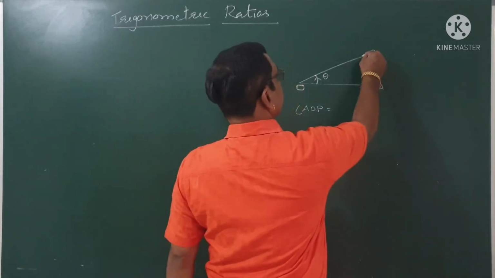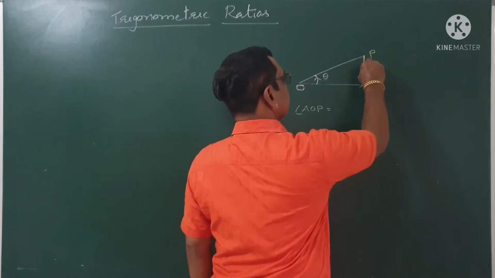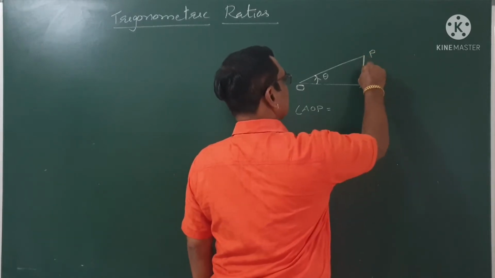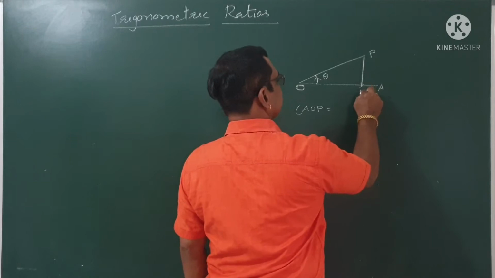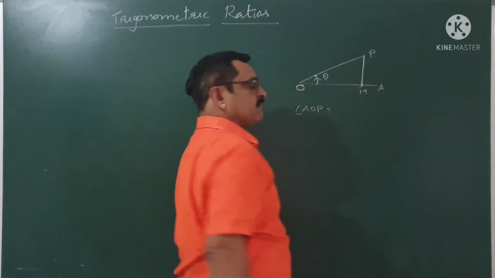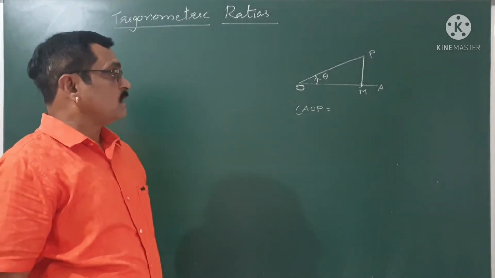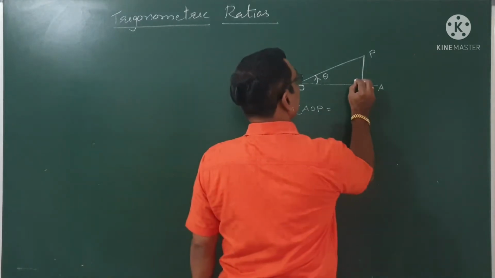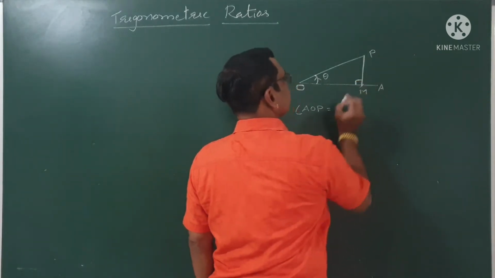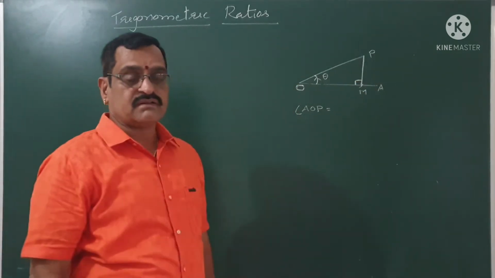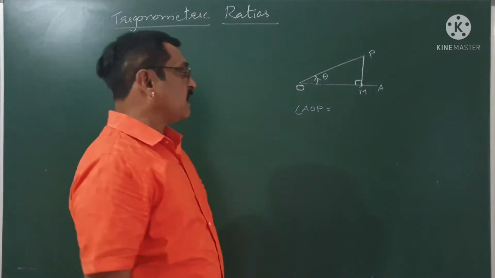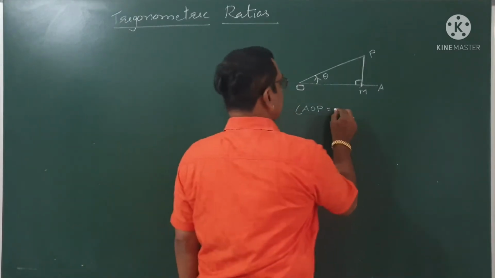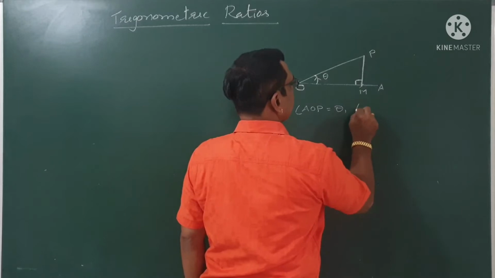From point P, a perpendicular line is drawn, let's say, for example, to M. So this OMP is a right angle triangle, and the right angle is at M, and angle AOP is equal to theta.